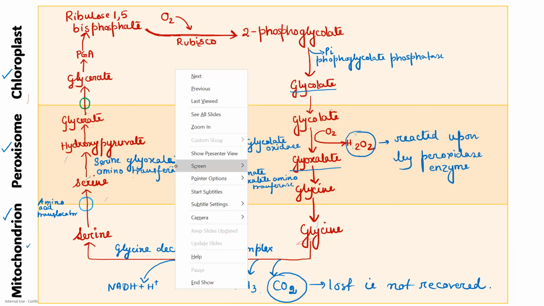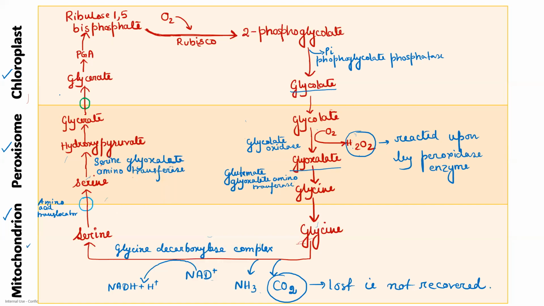Fine. Now this hydroxypyruvate will form glycerate, where again see this reaction, NADH plus H plus is getting converted to NAD.